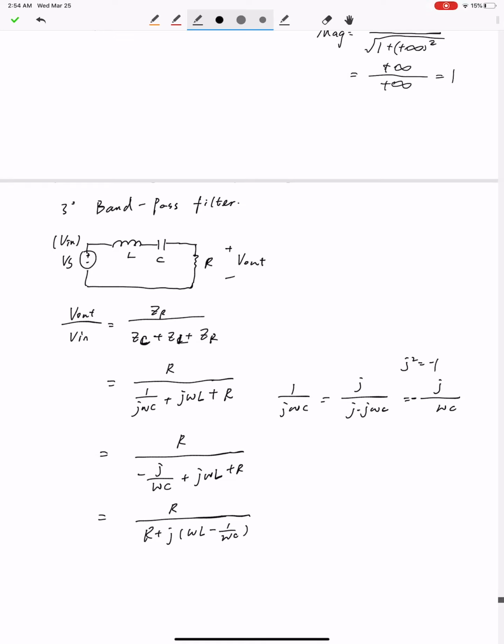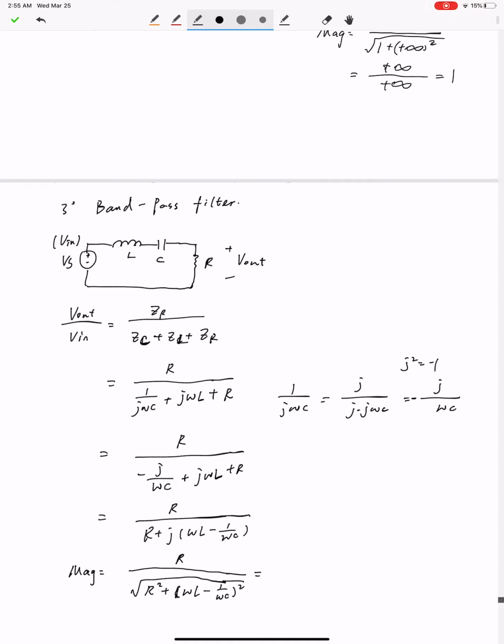And then we can find the magnitude of this transfer function, and that will be r. The magnitude of the top side is just r, right? Because it's just a real number. For the bottom side, that will be the square root of r squared plus omega l minus 1 over omega c squared. And that becomes, we can multiply omega c on both sides of this fraction.